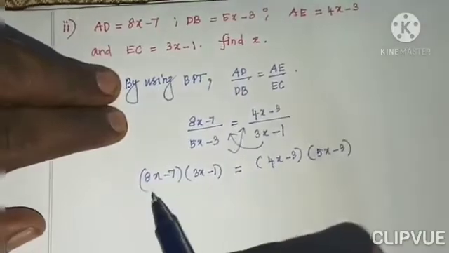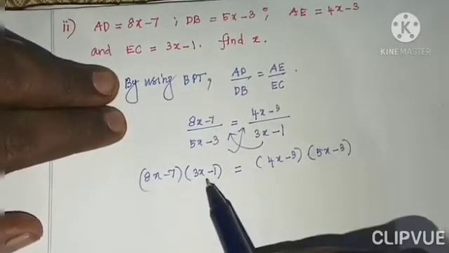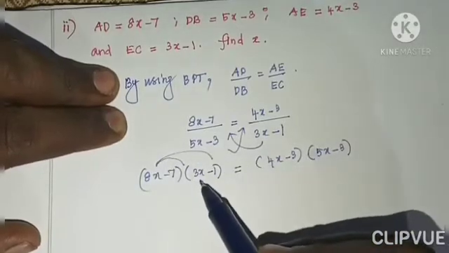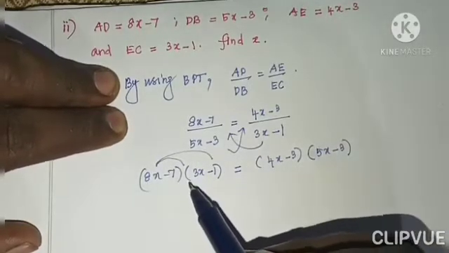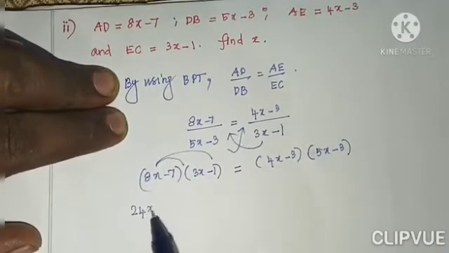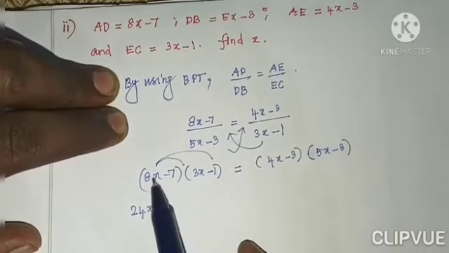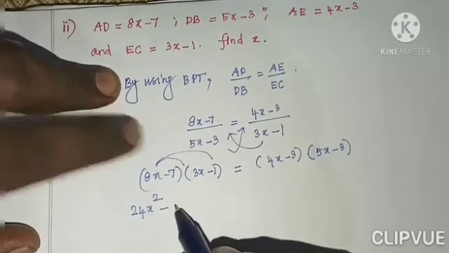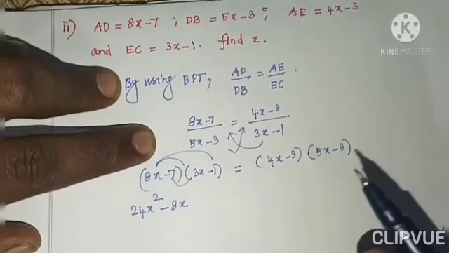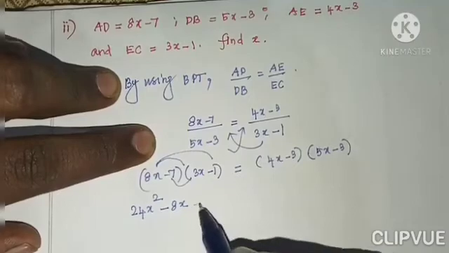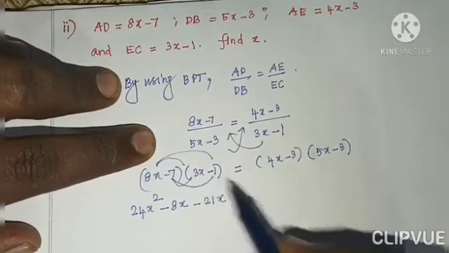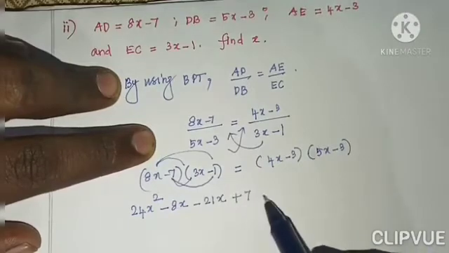Here, multiplying a binomial by a binomial, this one into this one, this one into this one. 8x into 3x, 8 into 3 is 24, x into x, x square, so 24x square. Next 8x into minus 1, minus 8x. Minus 7 into 3x, minus 21x. Minus into minus plus, 7 into 1, 7.